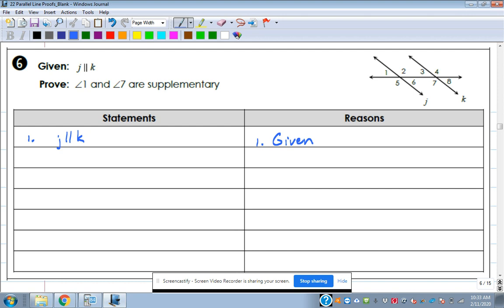And so 1 and 5 make a linear pair, so they're supplementary. You could do that direction. I don't care. Linear pair is a reason for that.